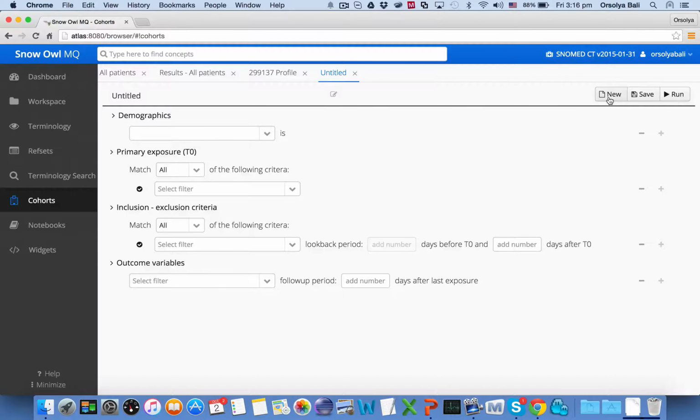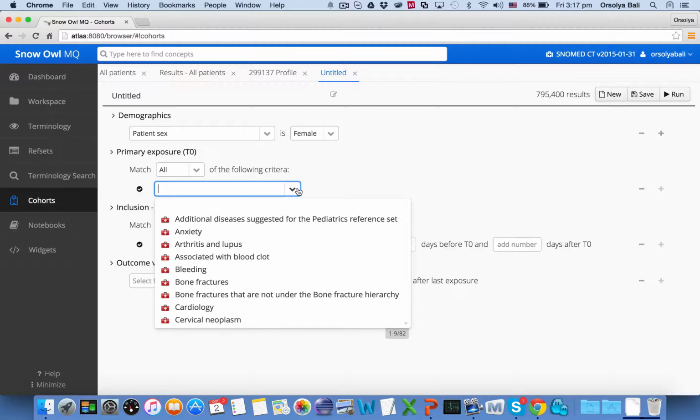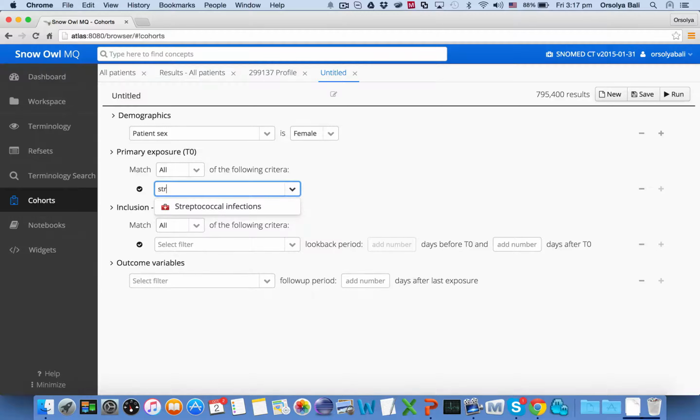So let's say that I would like to find all the patients that have ever had any streptococcal infections, and I'm only interested in females. So for this, I add a demographic constraint. And I have to add an exposure for which I can select from these already authored filters that I have in my database.